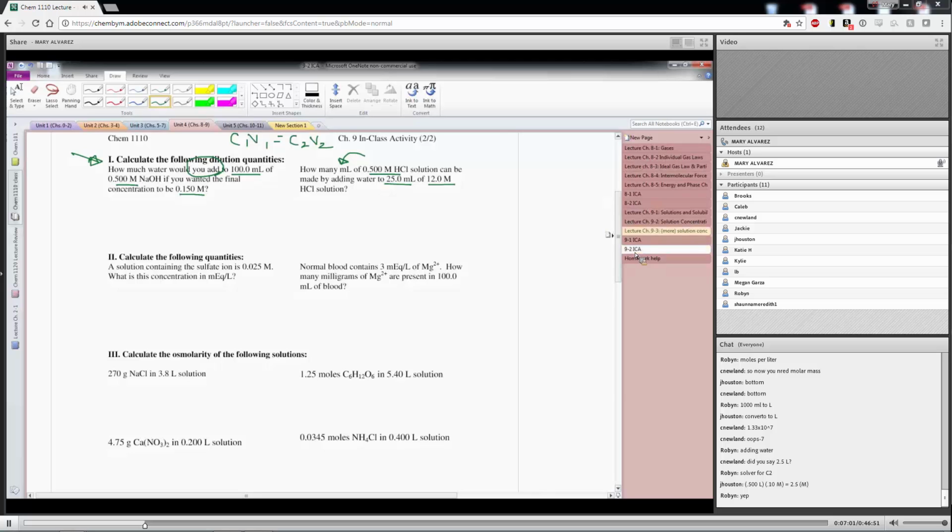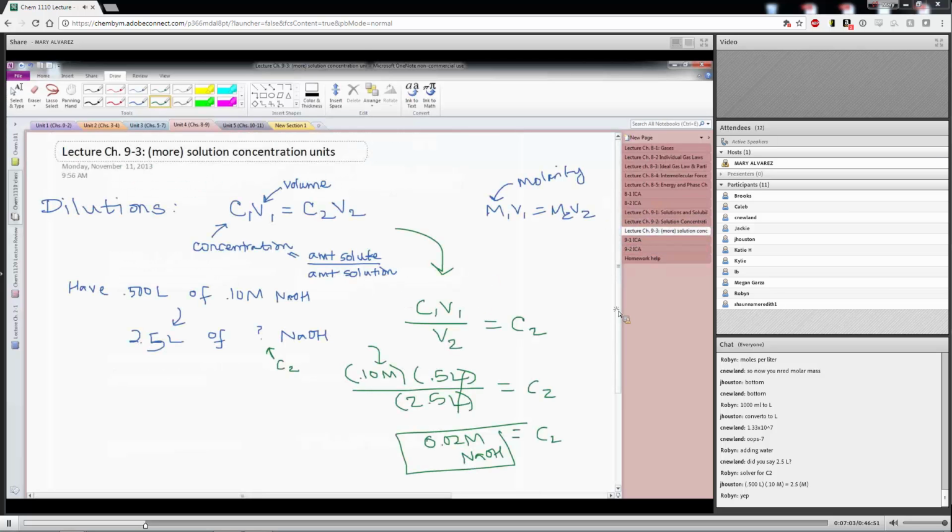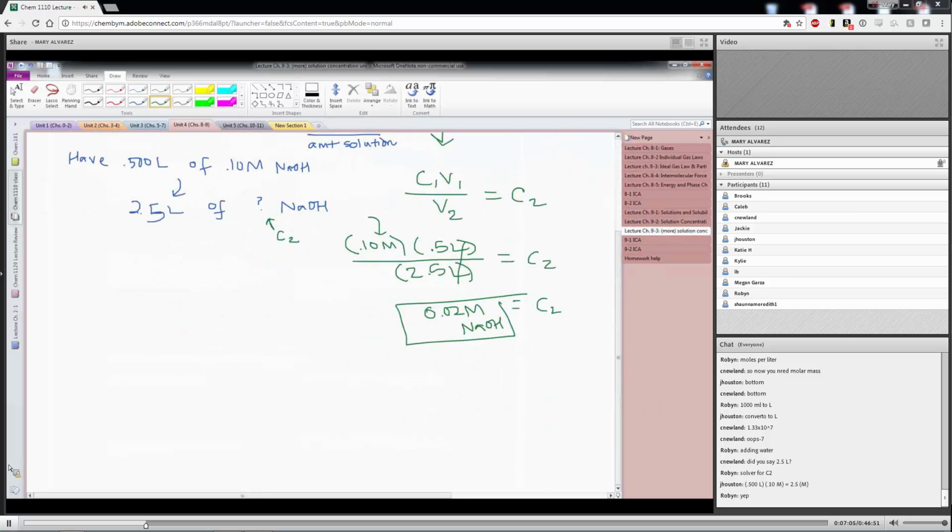Okay, next, we've got 2 more units of concentration that you guys need to be aware of. And the first is equivalents, also known as EQ, and often reported as milliequivalents.